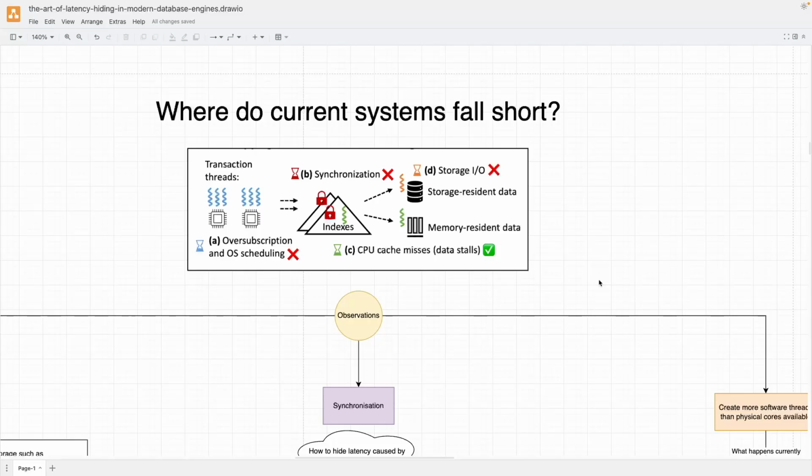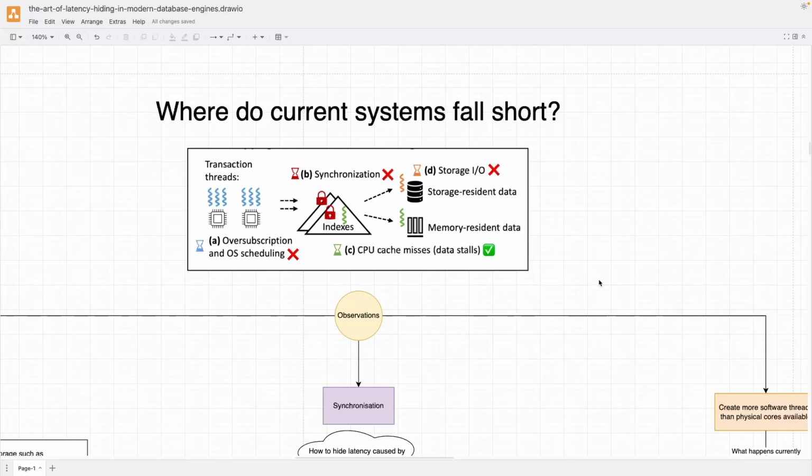Second is synchronization. So this is basically what we learn in terms of lock contention, right? Multiple threads are fighting for a lock. This is essentially that, which again is not handled in today's database engines. If there are multiple transactions fighting for a lock, they just let them fight for it. They don't try to control the access. And finally, storage IO. So this is essentially that if you're accessing storage, that means you're accessing your SSDs, right?